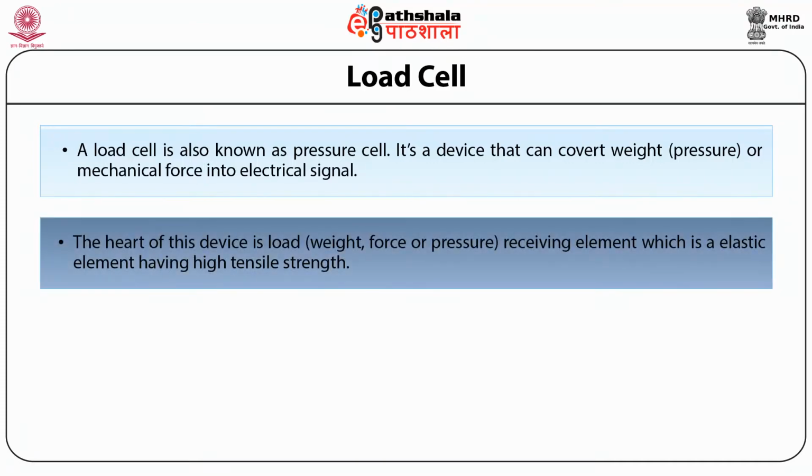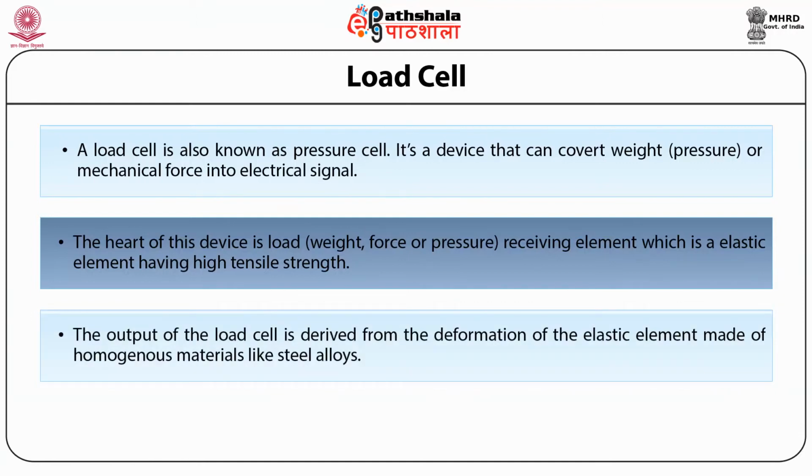The heart of this device is the load, that is weight, force or pressure receiving element, which is an elastic element having a high tensile strength. This element is bonded to a strain gauge bridge network.